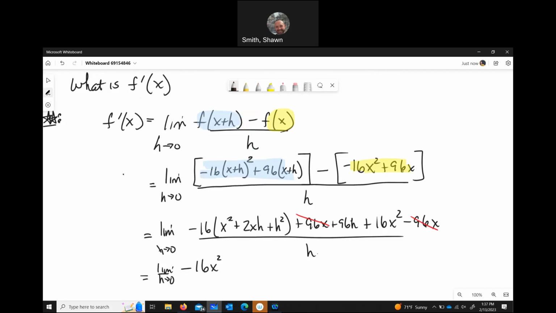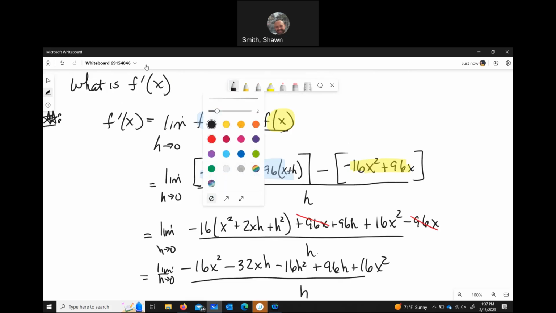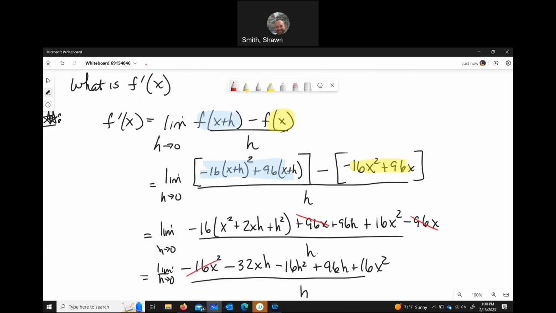We've got negative 16x squared minus 32xh minus 16h squared plus the 96h plus the 16x squared. Like I said, those negative 16x squared, positive 16x squared, disappear as well.